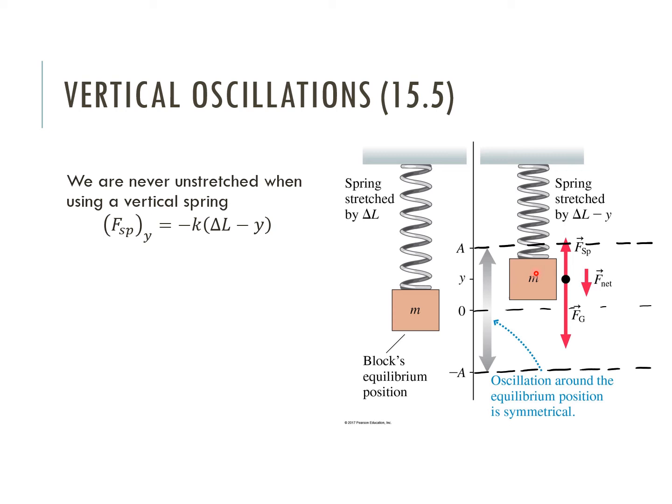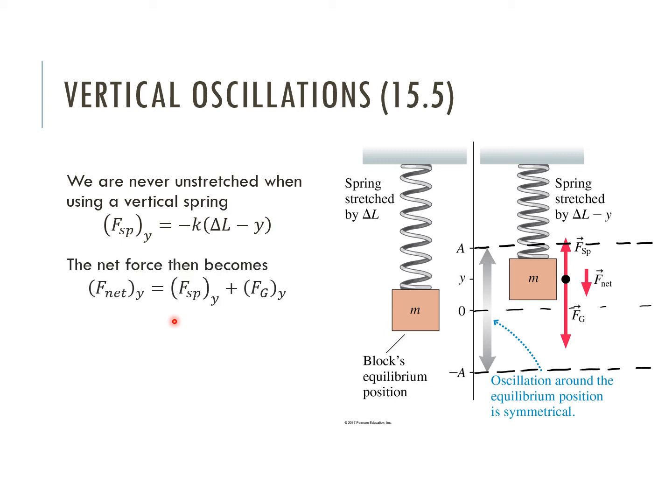So for this particular box, based on its current location between maximum compression and equilibrium, our spring force can be given by negative k times (delta L minus y), where delta L was our new equilibrium length, and this y value is wherever we are located between our two amplitudes.